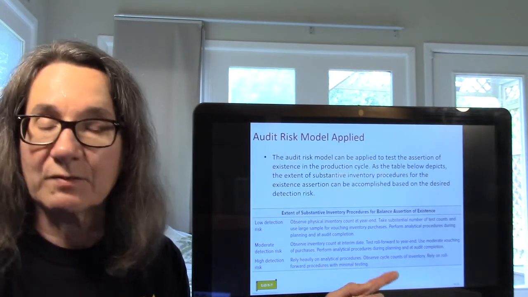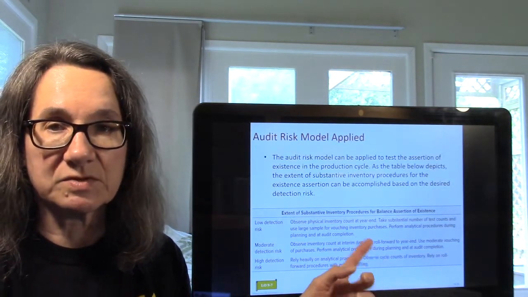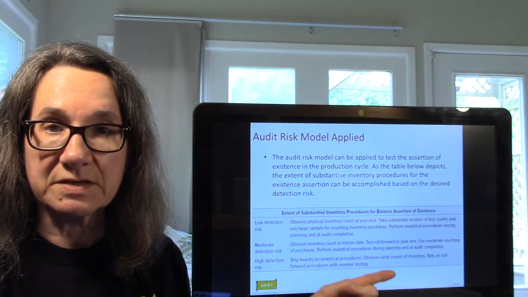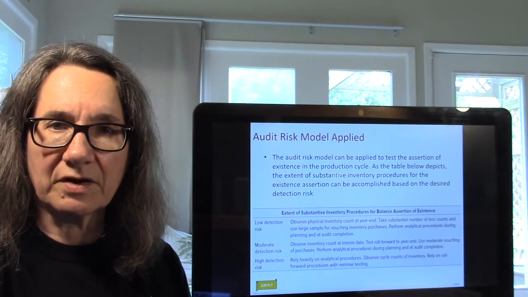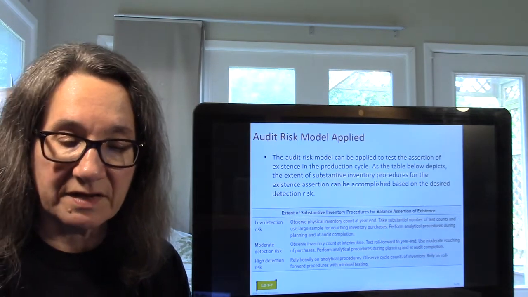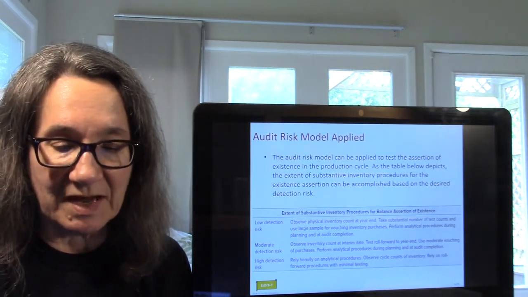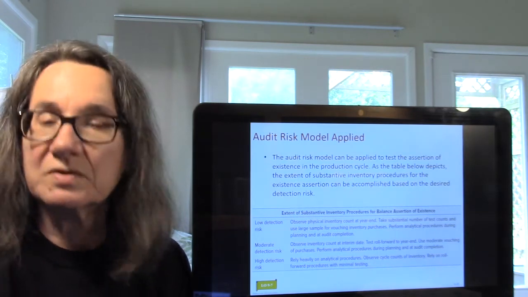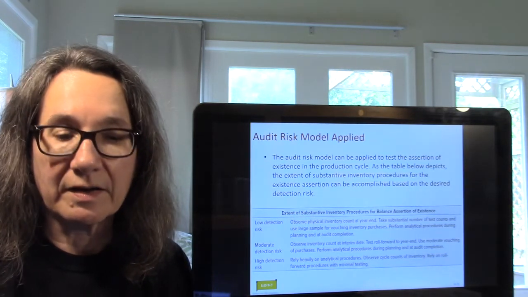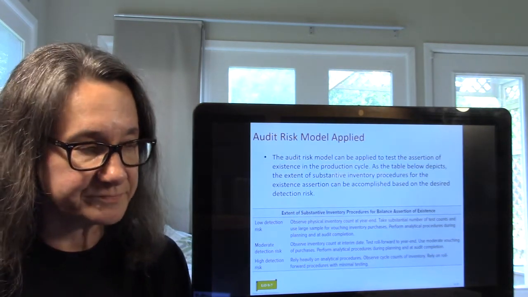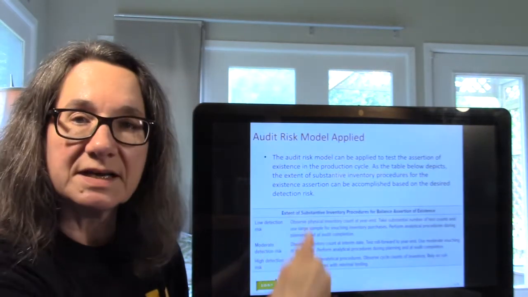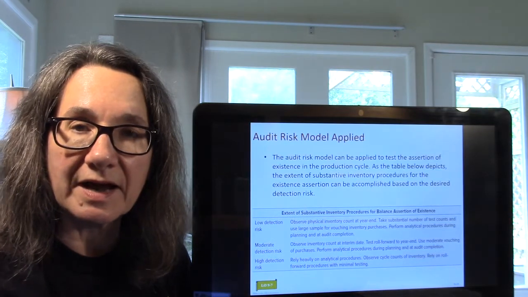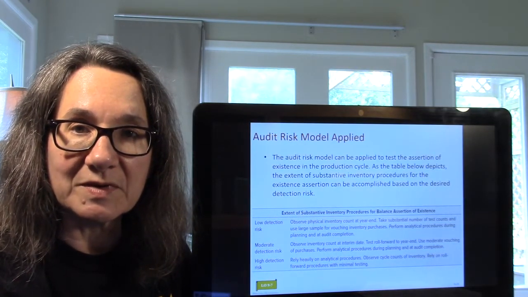If you are fine with a high detection risk, in other words, risk of material misstatement is low, so detection risk can be high, then you can rely on your analytical procedures. Oh yeah, they should match up. Hey, observe some counts, do it at interim, it's fine, don't worry about it too much. But that's how the audit risk model works, right? So you change the nature, extent, and timing depending on how risky that material misstatement is.